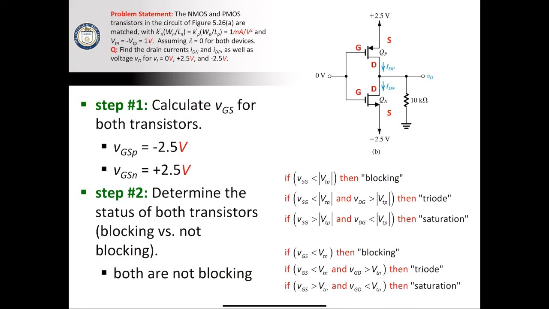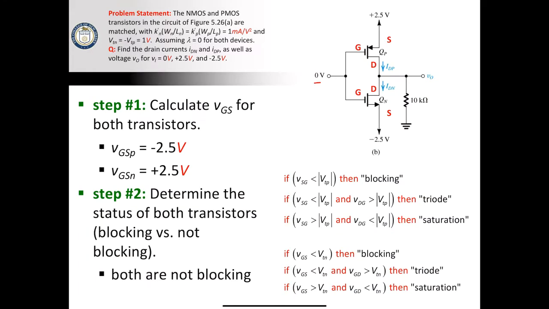All right, so the first thing that we want to do is to calculate VGS for both of the transistors. And we're starting off with the case where VI is equal to 0. Now, I have here VGS equals 2.5 volts. How do I know that?